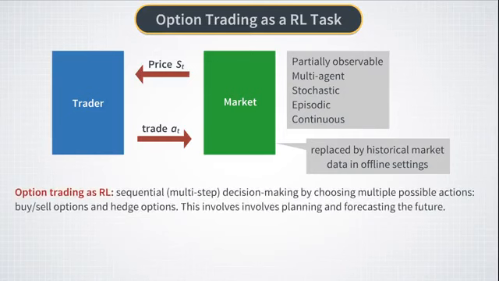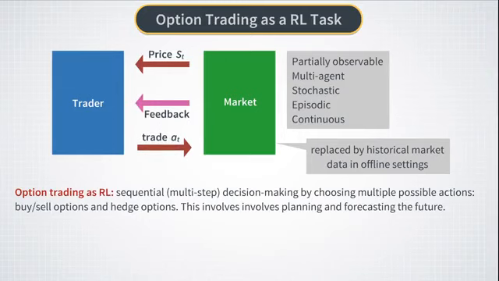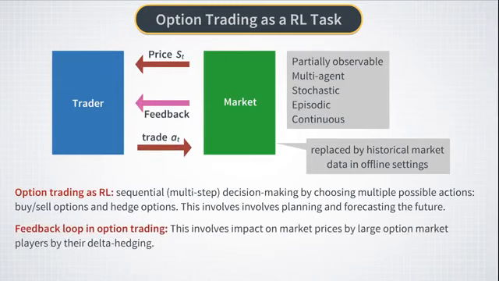Clearly, the task of the agent in this case involves planning and forecasting into the future. There are also feedback effects in option markets and stock markets. For example, delta hedging activities of large option holders can potentially and partially move the market. We will talk more about this later in this lesson.